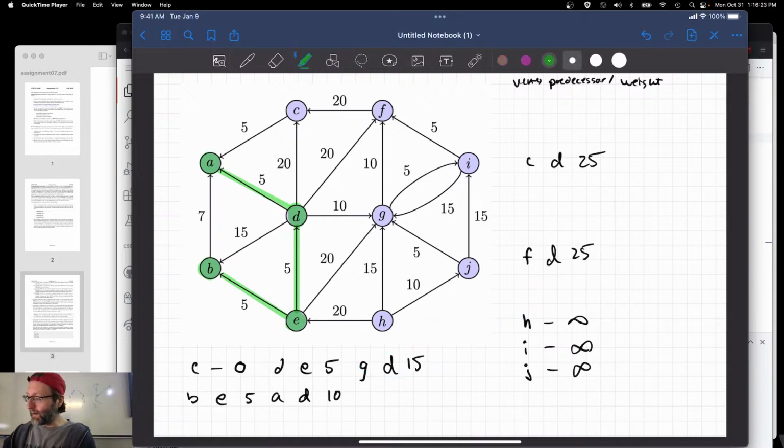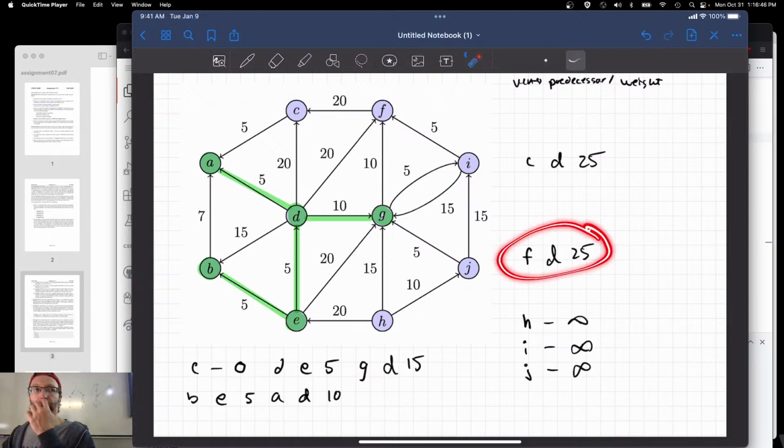D to G, excuse me, incorporating G. Its outgoing neighborhood is F and I. What about F? What did it cost me to get here? 15. It cost me another 10 to get to F for a total of 25. Is that better than what we found so far? Nope, so we don't update it.